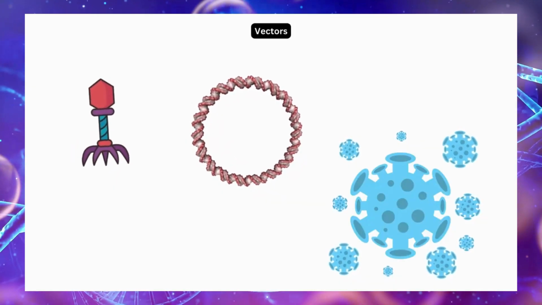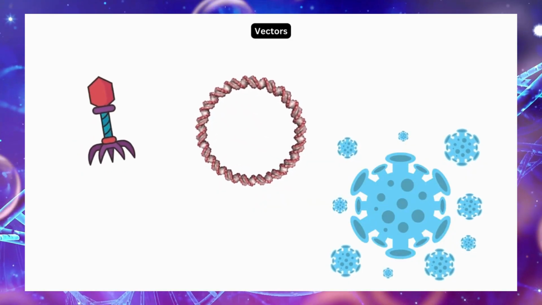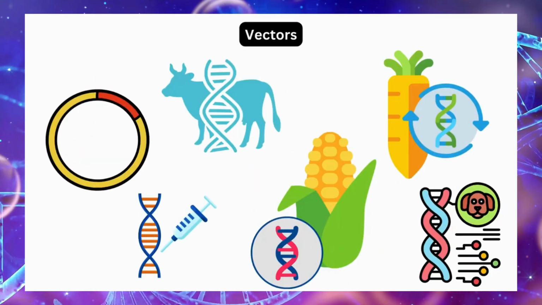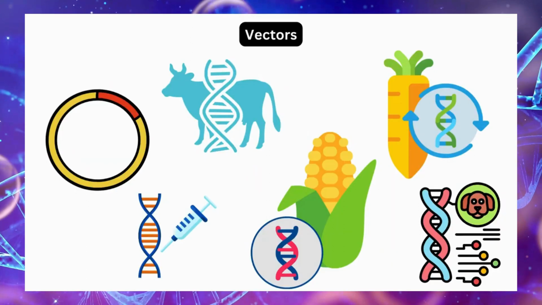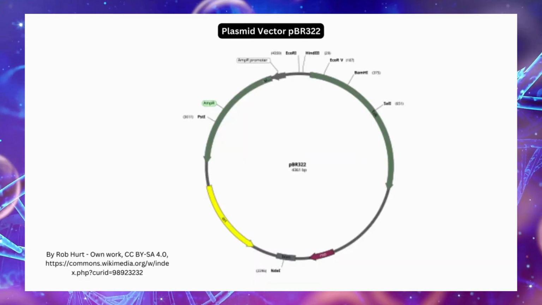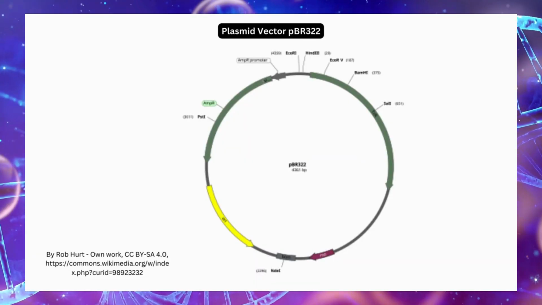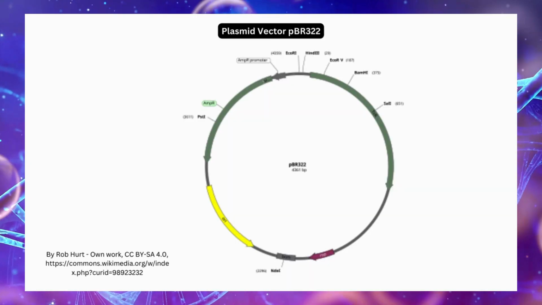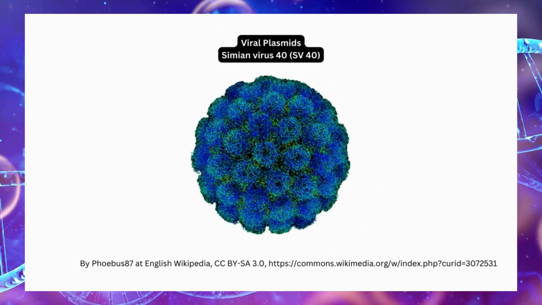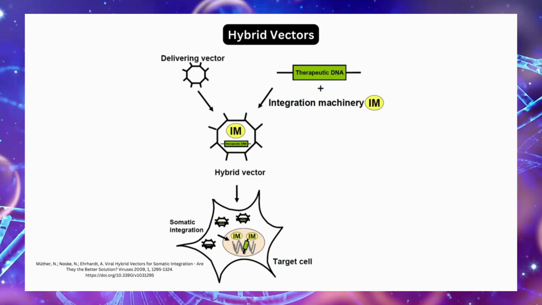Vectors are molecules used to carry a gene of interest into a host cell for cloning or expression. They are crucial in gene cloning, gene therapy, protein production, and transgenic organism creation. Among the common vectors are plasmids, which are small circular DNA molecules found in bacteria, commonly used for gene cloning. Viral vectors are modified viruses used to deliver genes into animal or plant cells.